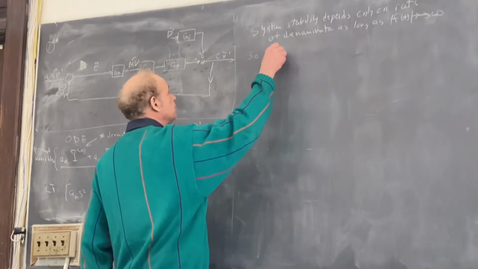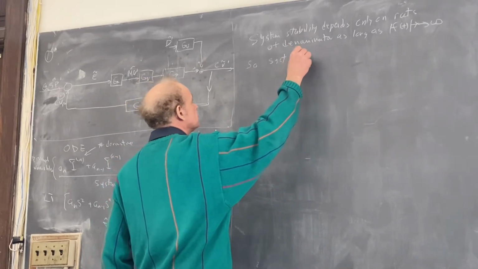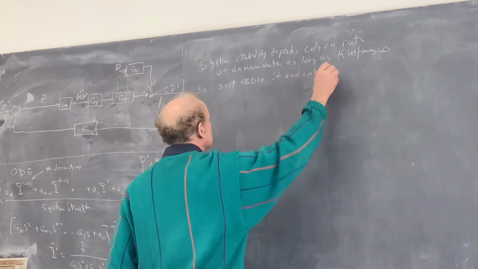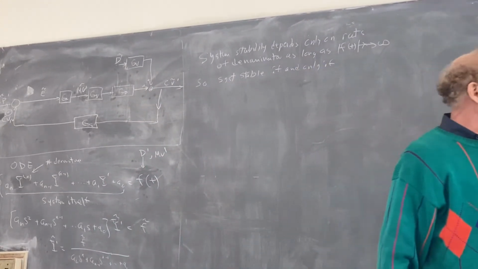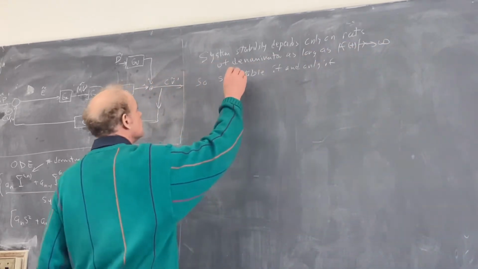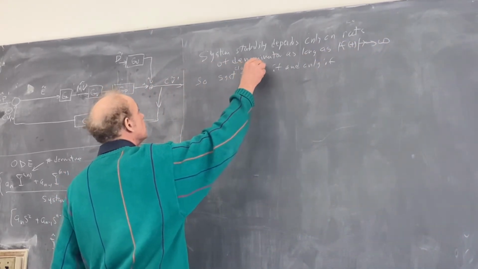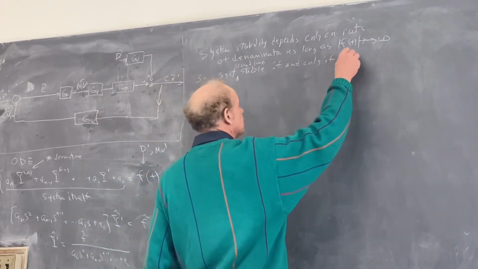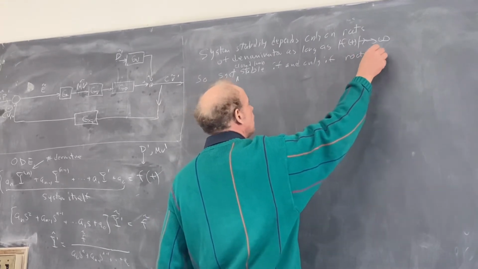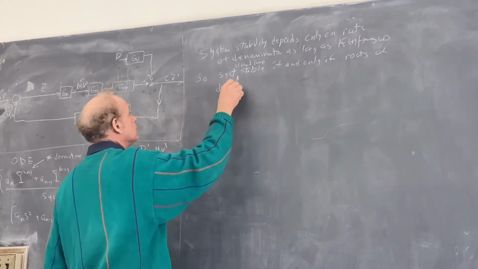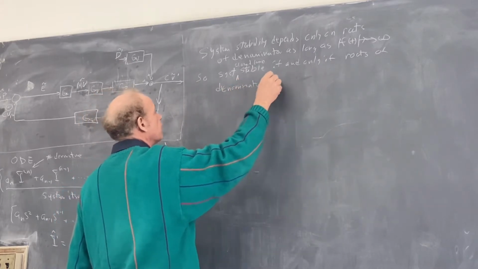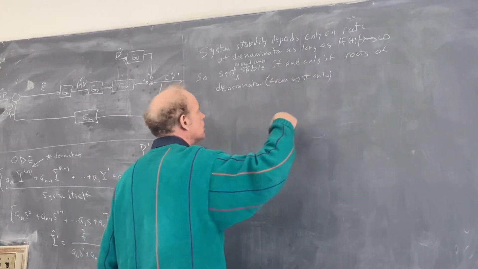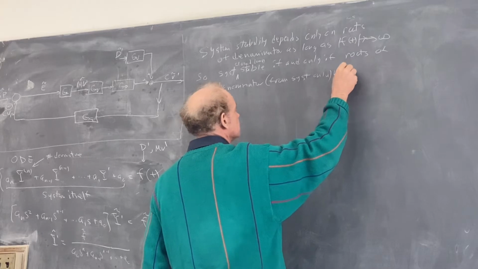So system stable, if and only if, and stable here is by this definition closed loop stable, if and only if the roots of the denominator that come from the system only have negative real parts.